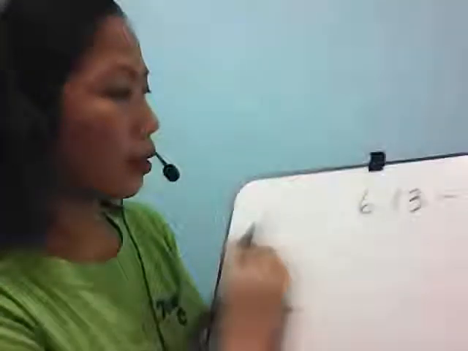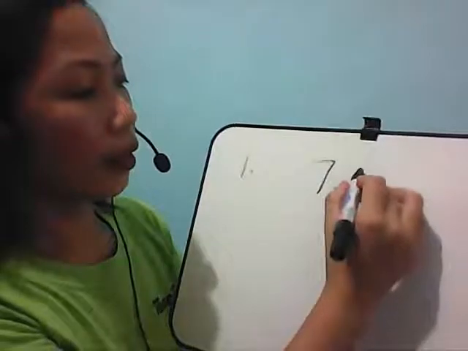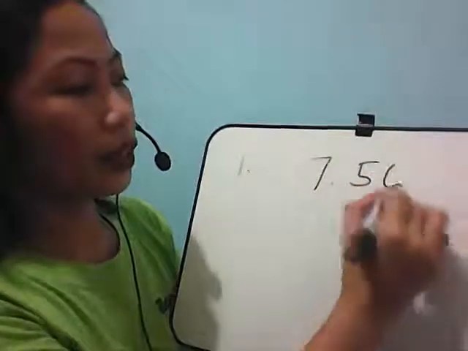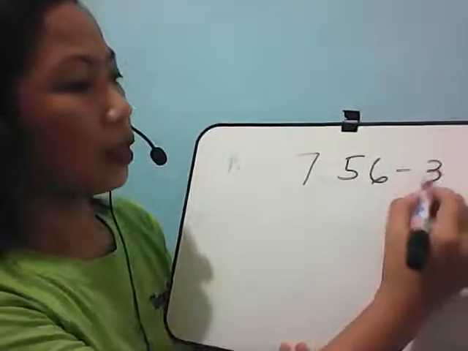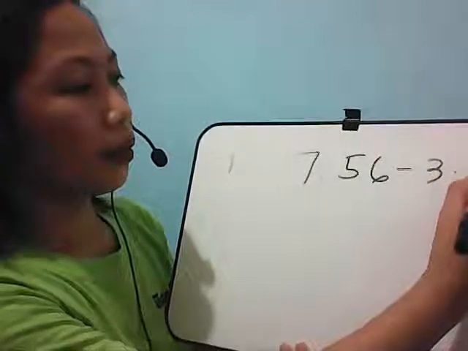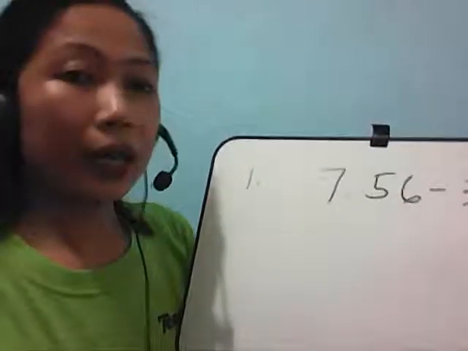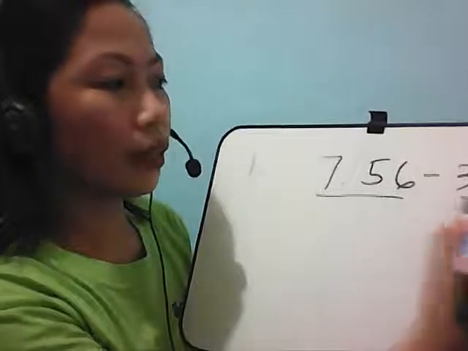Then, next example, what about if the numbers are like this? 7.56 minus 3.15. All right. So again, the first step, you need to rearrange the numbers, this one and this one.